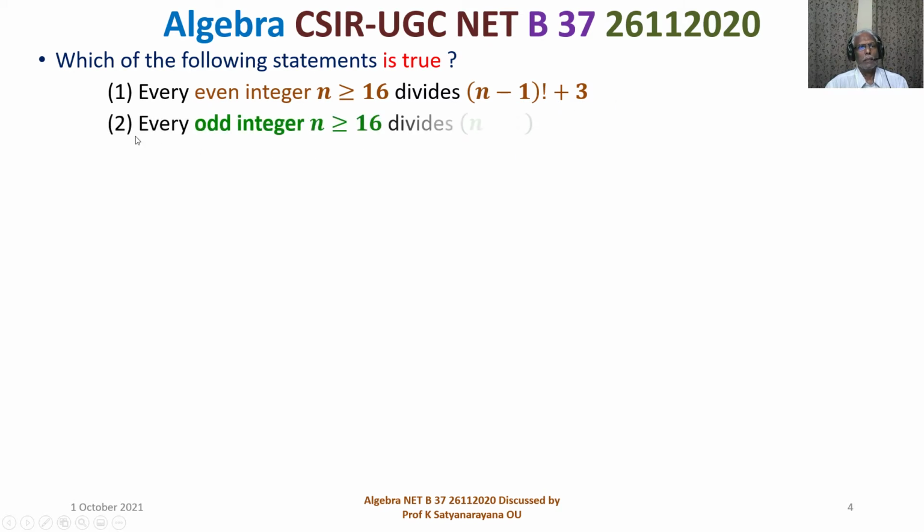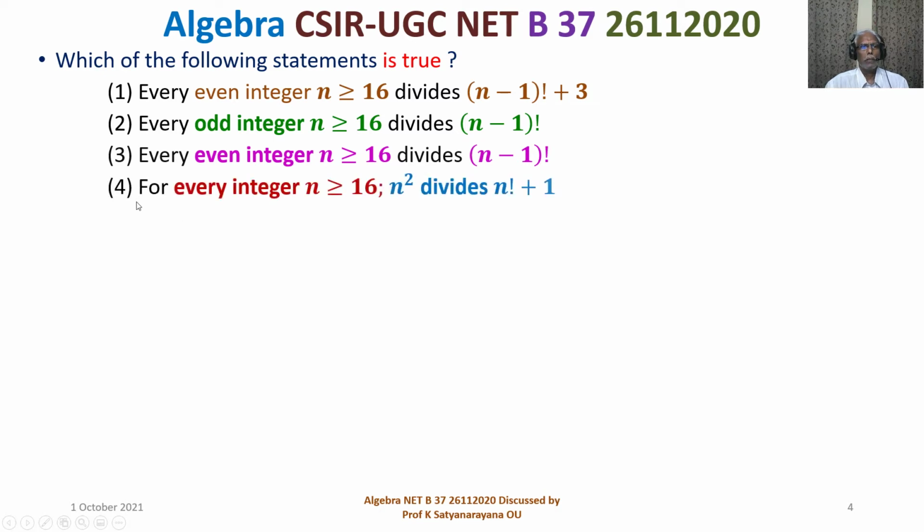Second option, every odd integer n greater than or equal to 16 divides (n minus 1) factorial. Third option, every even integer n greater than or equal to 16 divides (n minus 1) factorial. Fourth option, for every integer n greater than or equal to 16, n square divides n factorial plus 1.